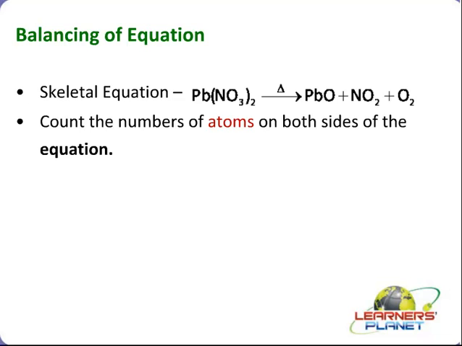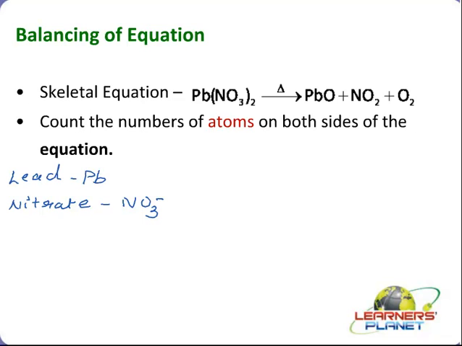The formula is lead Pb, nitrate is NO3 minus. The symbol for lead is Pb and the symbol for nitrate is NO3 minus.